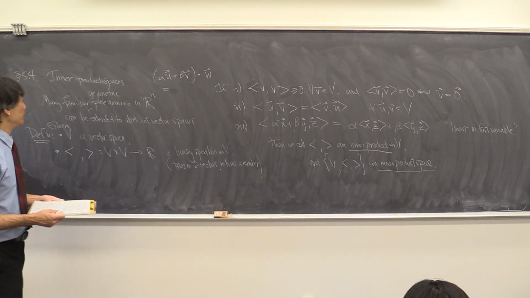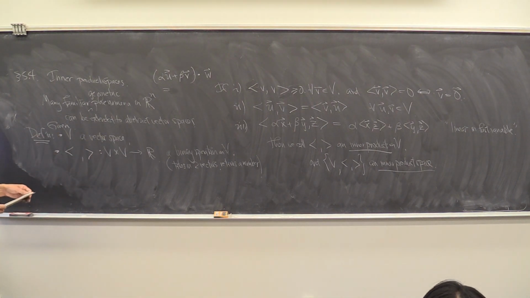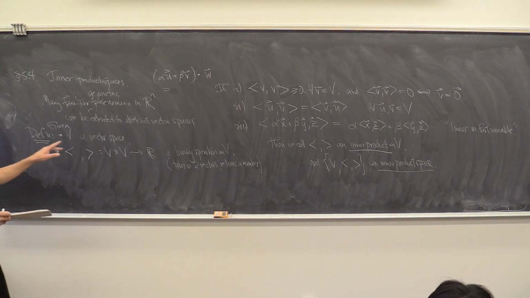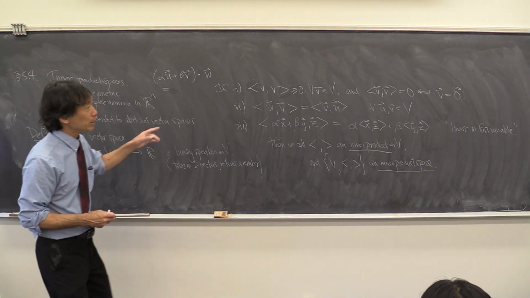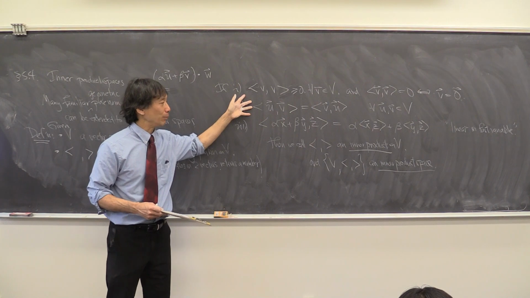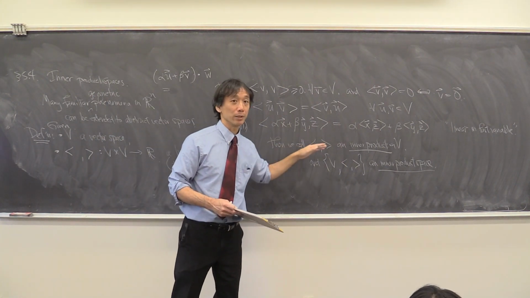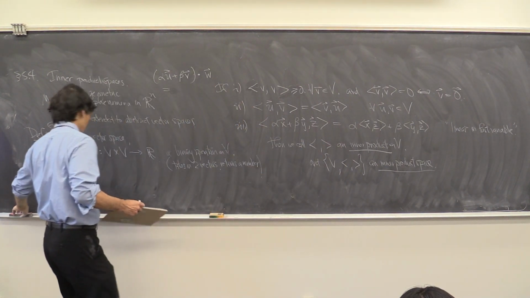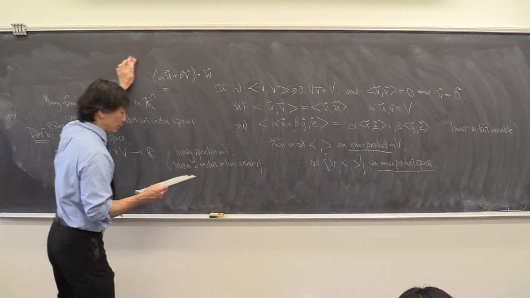So this is just a definition. It says that if you have this kind of operation and it behaves like a dot product, it has these three properties that we like of the dot product, then we call it an inner product, and we call this space an inner product space. Let me give some examples.